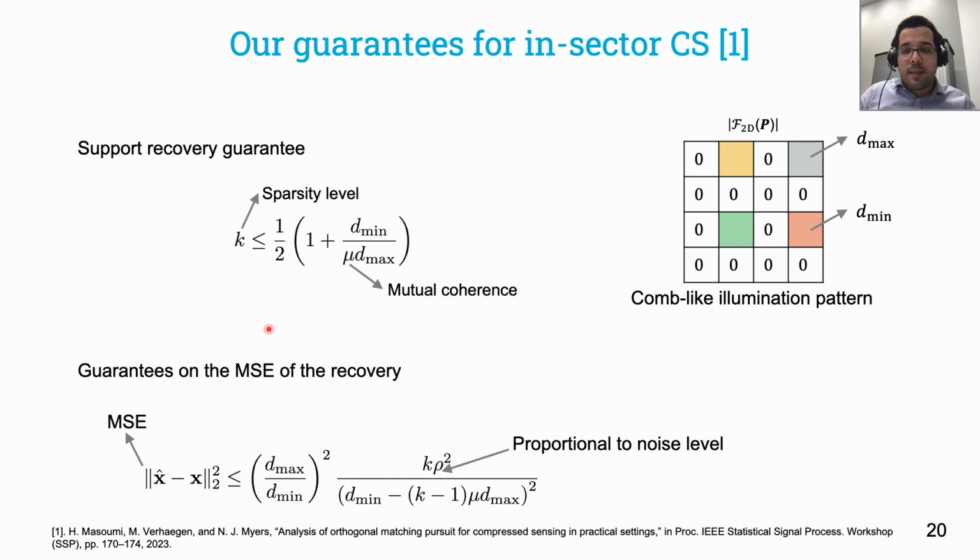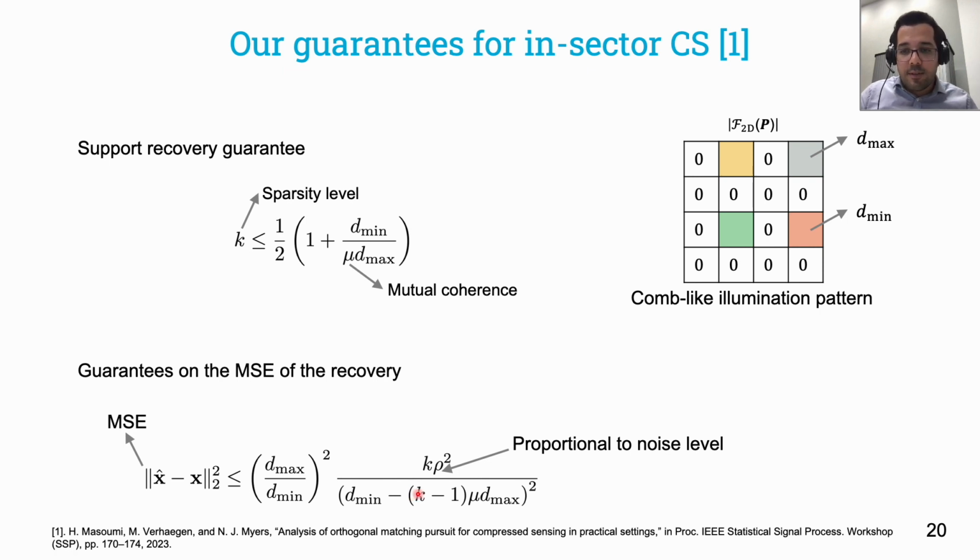Now, assuming a successful support recovery by the OMP, we also show that the mean square error, or MSE, of the reconstructed signal is upper bounded by this quantity over here. In this quantity, rho is proportional to the noise level, and again, it can be verified that the upper bound on the MSE is minimized when we have a uniform illumination pattern.